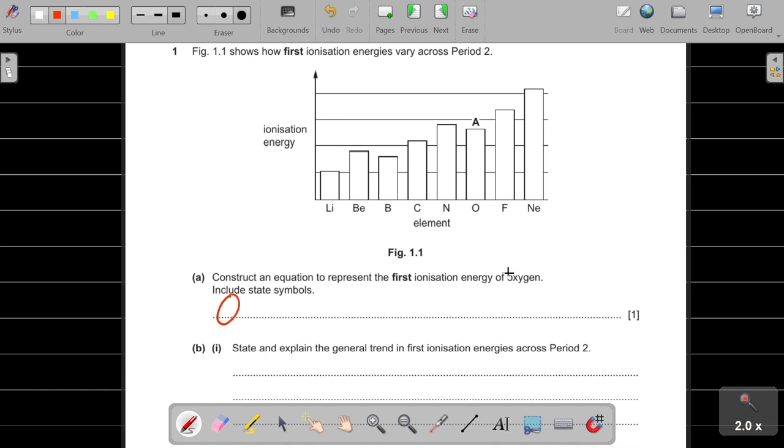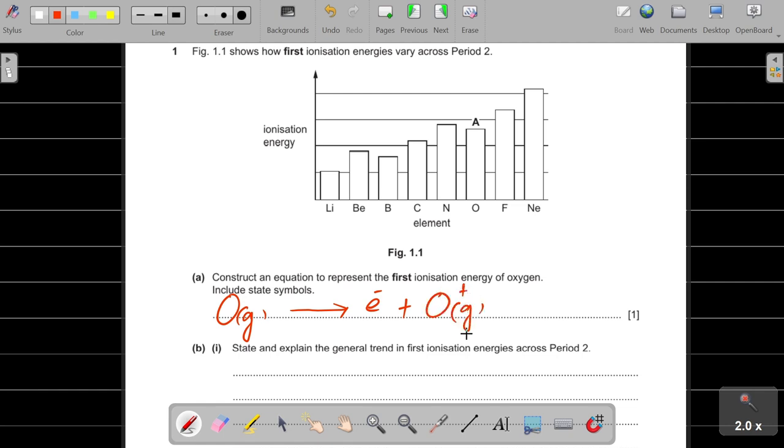So no need to write an oxygen molecule because it is the energy required to remove an electron from an independent gaseous atom. An oxygen atom exists in the gaseous state. Now you are removing an electron from the valence shell, so this oxygen atom will convert into an oxygen positive ion in the gaseous state.